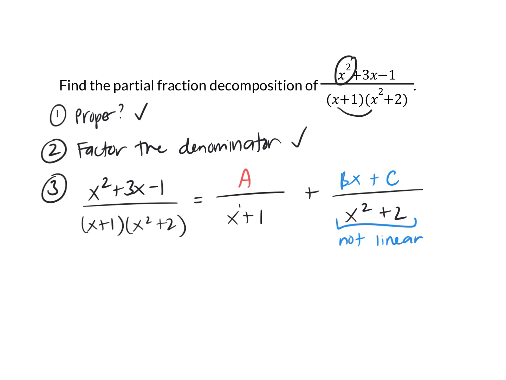So it's not linear, which is why we have 2 things on top, Bx plus C. Okay, now we can go ahead and multiply every single fraction by my denominator on the left-hand side here. So I'm multiplying everything by x plus 1 times x squared plus 2.